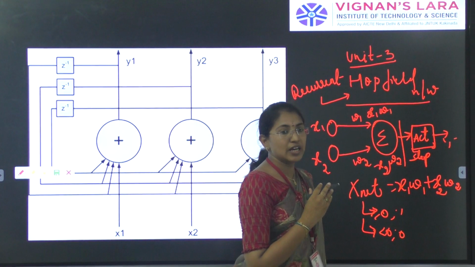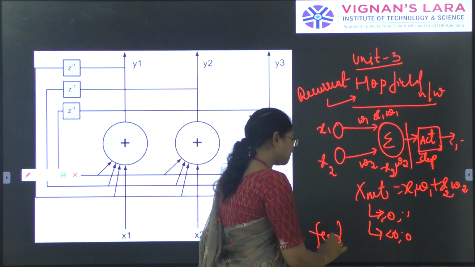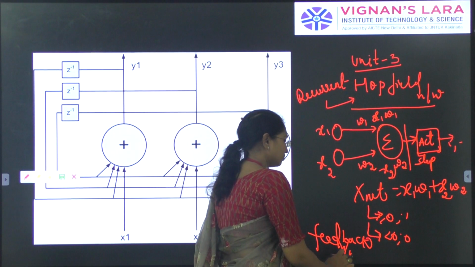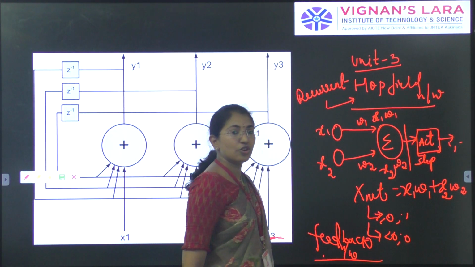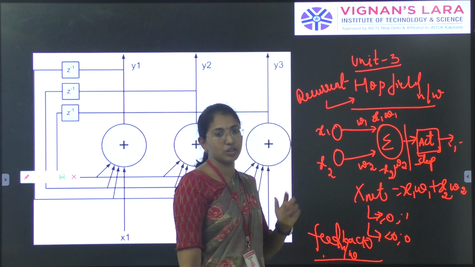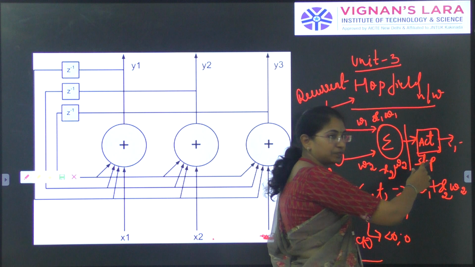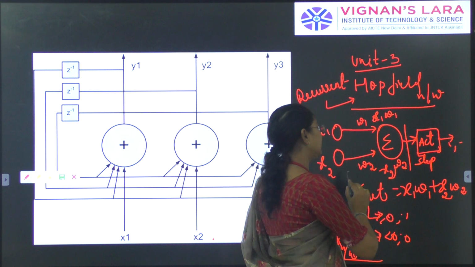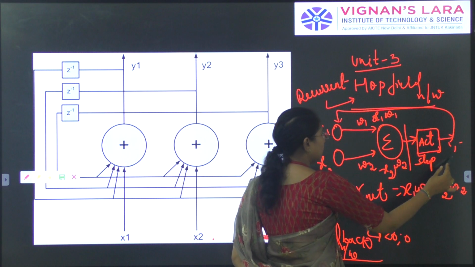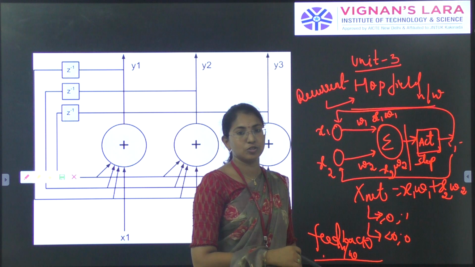Now what is meant by a recurrent neural network, which is also known as a feedback network? Recurrent is a feed forward plus a feedback network. Whatever output you are getting at the output side is sent as one of the inputs at the input.